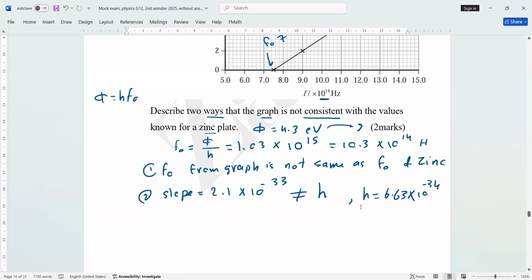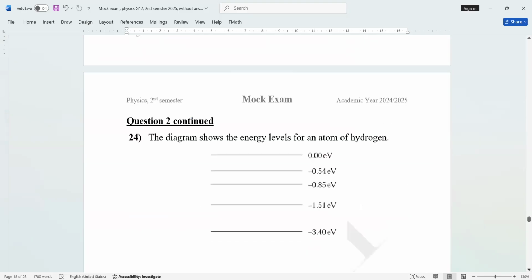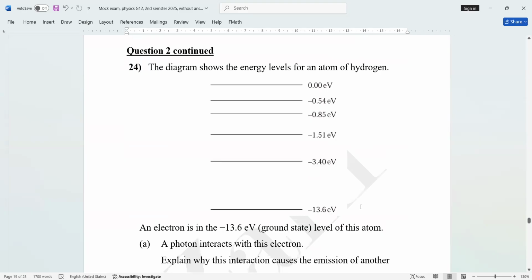Now, next part. This is about the hydrogen atom. The question says the diagram shows the energy levels for an atom of hydrogen. An electron is in the negative 13 ground state level of this atom.